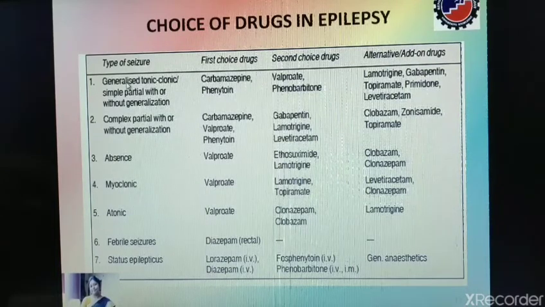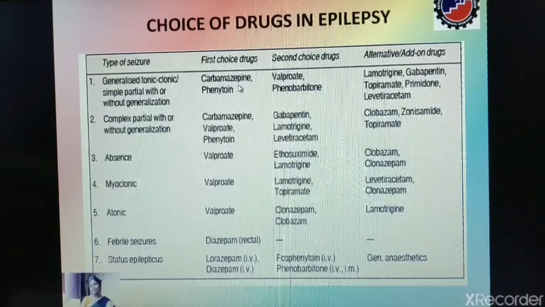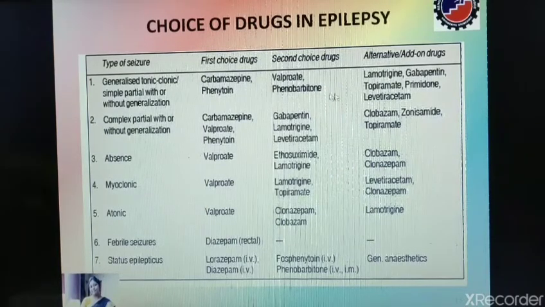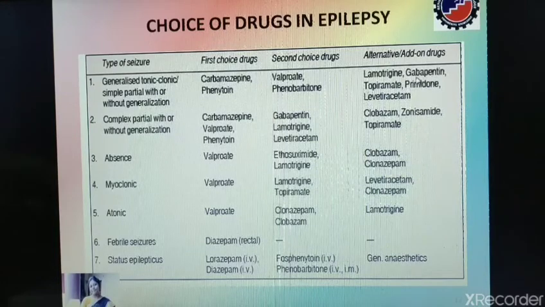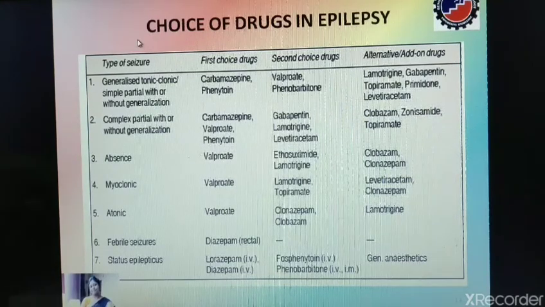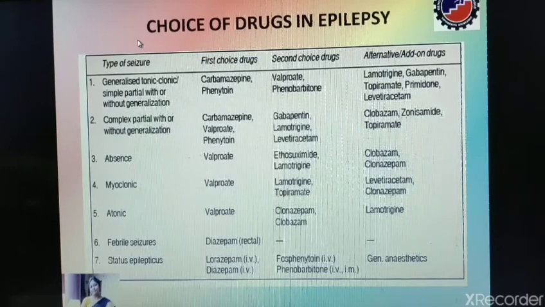Like in generalized tonic-clonic or simple partial seizures, we see the first choice of drugs are carbamazepine and phenytoin, followed by the second choice valproate and phenobarbital, followed by lamotrigine, gabapentin, topiramate, primidone, etc. So if we go through this table, we will find that the choice of drugs in epilepsy are well understood. See, in the last one we have status epilepticus.